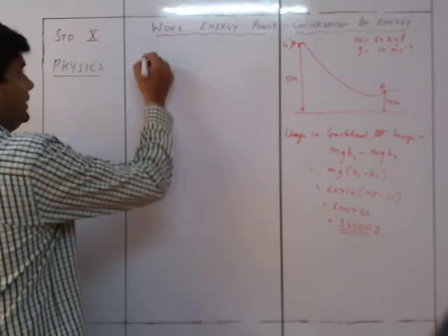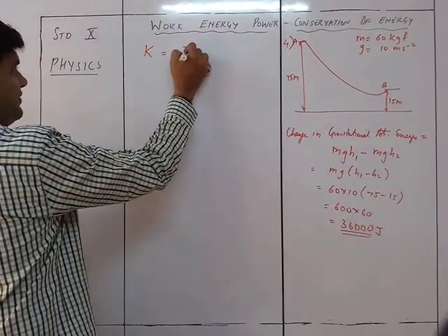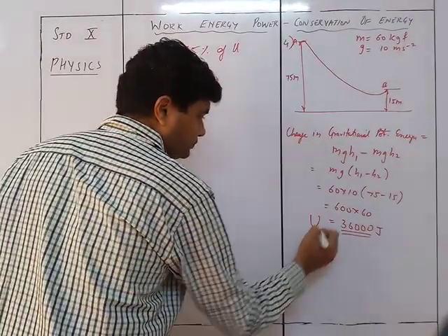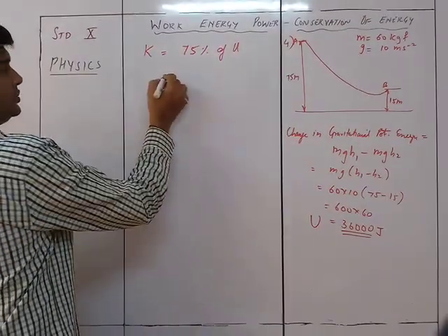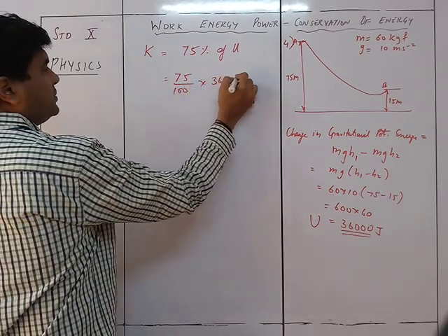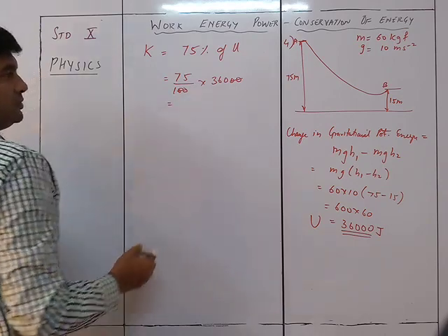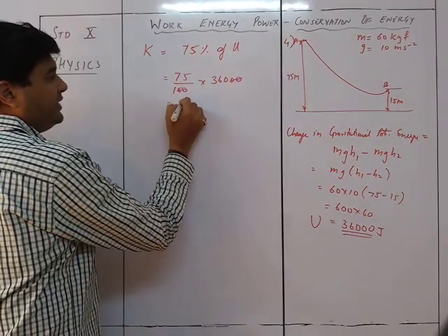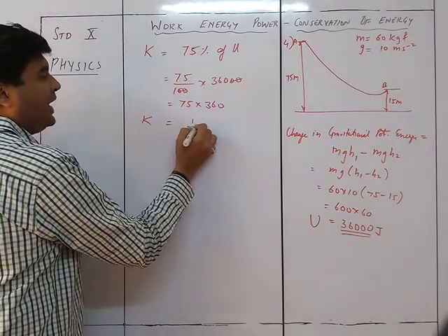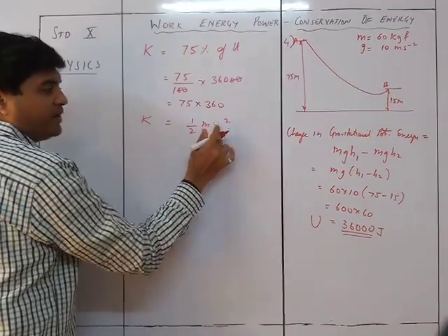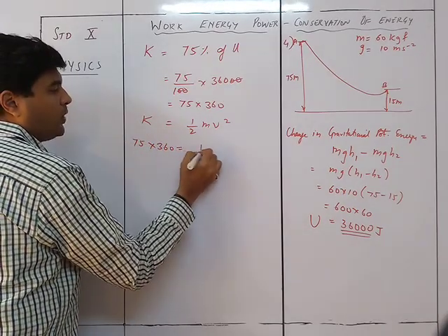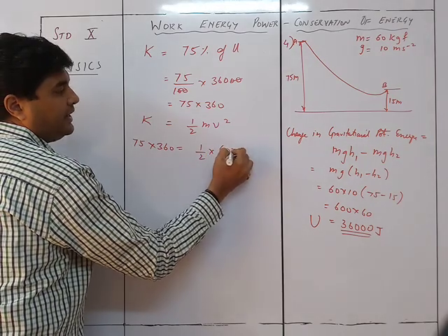So we have over here K is equal to 75% of U. This is U. Right. So this is 75 upon 100 into 36000. Right. So that will be 75 into 360. So now K is equal to half mv square. We want to find out v square. So 75 into 360 is equal to half into 60 into v square.